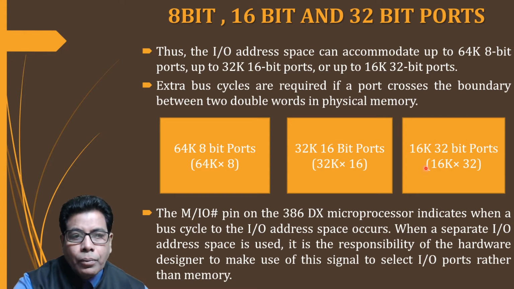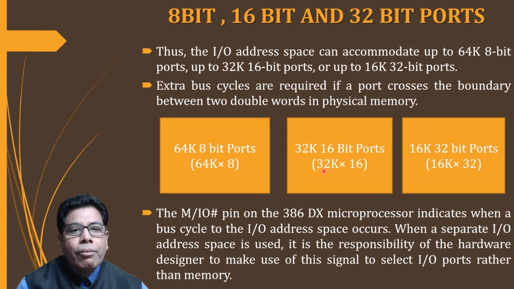And if we combine 4 8-bit ports, it will become a 32-bit port. So in this way, the 64K 8-bit ports can be combined to form 32K 16-bit ports or 16K 32-bit ports.